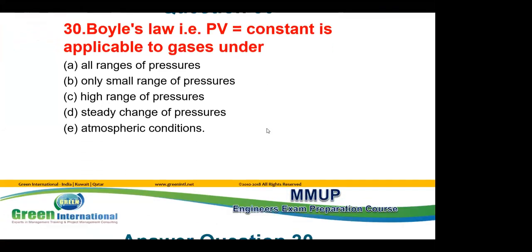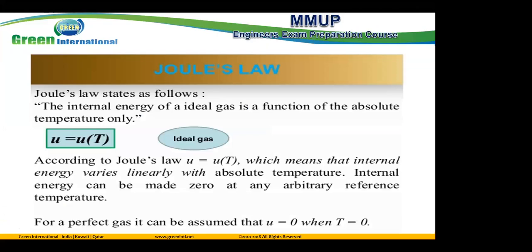Joule's law, what is Joule's law? It says that the internal energy of an ideal gas is a function of absolute temperature only. So U, internal energy, is a function of temperature only. Consequently, H, enthalpy, is equal to PV plus U, flow energy plus internal energy.